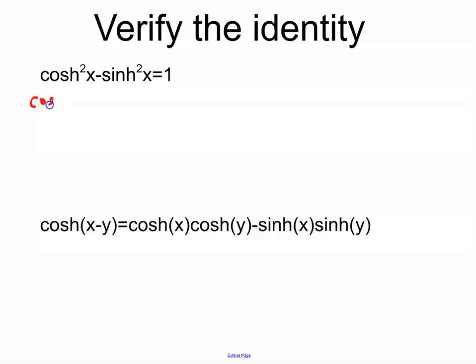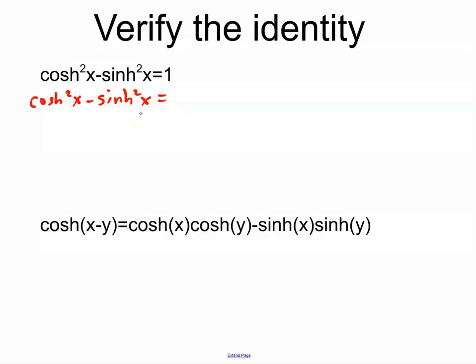So hyperbolic cosine squared minus hyperbolic sine squared. I'm just going to manipulate this until it ends up equaling 1.